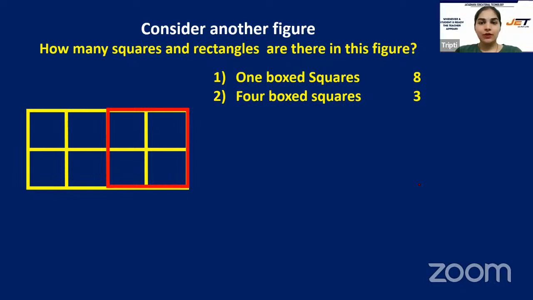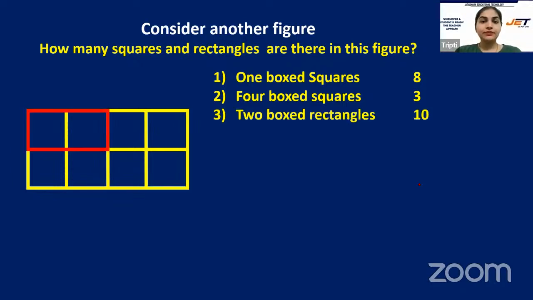That is how we figured out 3 squares. Then this is the first rectangle box, second, third, fourth, fifth, sixth, seventh, eighth, ninth, 10th. There are 10 rectangles.